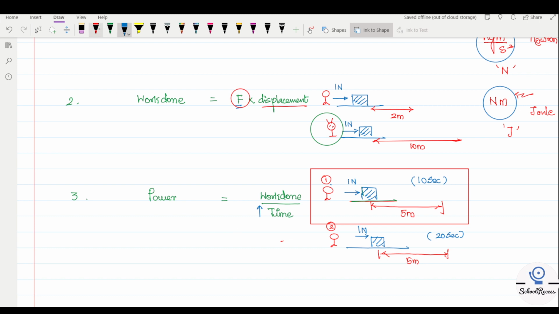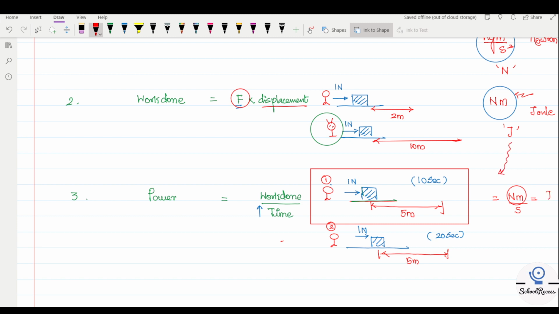Now we can write down the formula for this. What is the unit of work done? We know that we have the unit of work done as Newton meter divided by the time in seconds. So Newton meter per second is a unit of power. Again, we can write this Newton meter, as you can see over here in the top, it is nothing but joules.